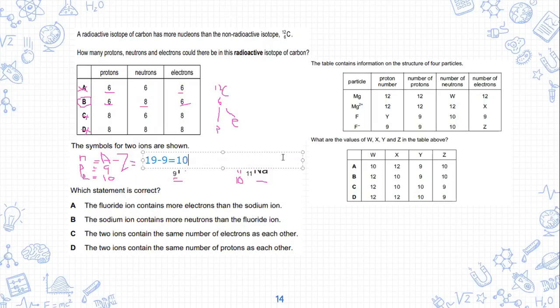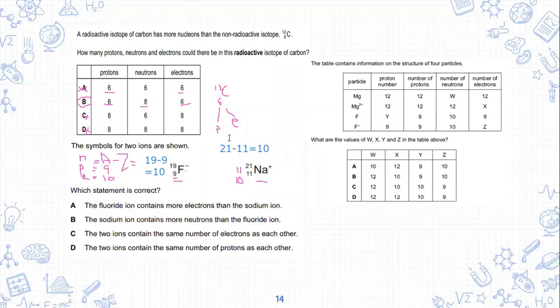So we have 10 neutrons in fluoride, right? Whereas if I talk about the sodium, there is going to be 21 minus 11, which is going to be 10. So we have 10 neutrons in sodium. So you see that we have the same number of neutrons in both the ions, different number of protons and same number of electrons.